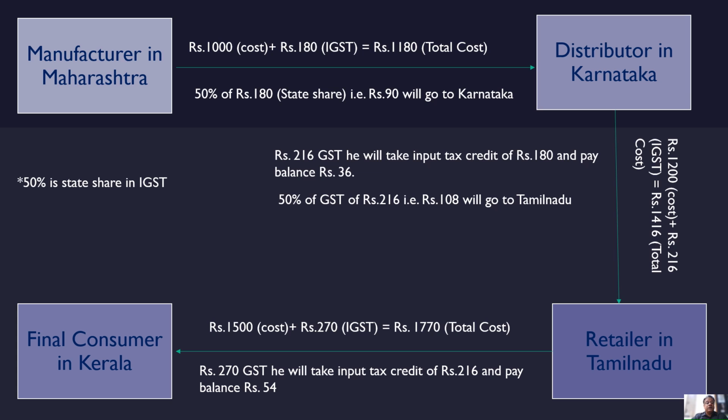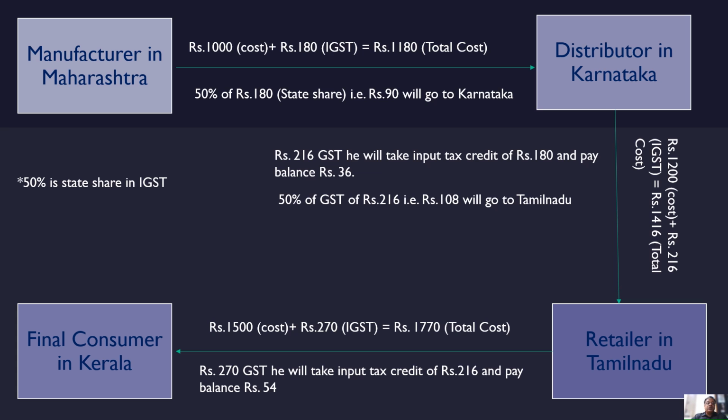Now again, the retailer in Tamil Nadu, when he collects 270 rupees, will not pay completely in cash because already 216 rupees he has paid to the distributor. So input tax credit will be available. So a balance of 54 rupees only will be paid by cash. So 216 ITC adjusts and 54 rupees cash he pays. So 270 rupees is the tax which the retailer in Tamil Nadu pays.